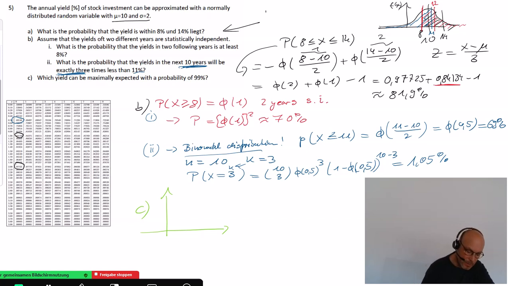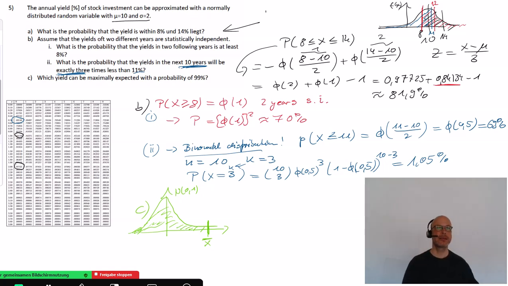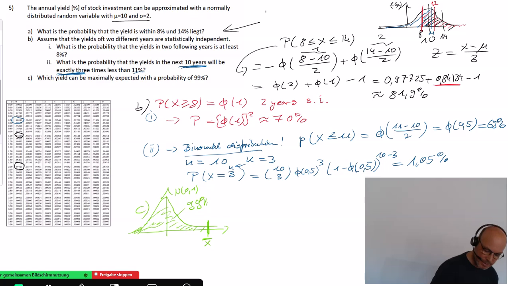So when we start with a standard normal distribution, then we ask for the limit here, x upper bar, when the area from minus infinity up to the limit is 99%.